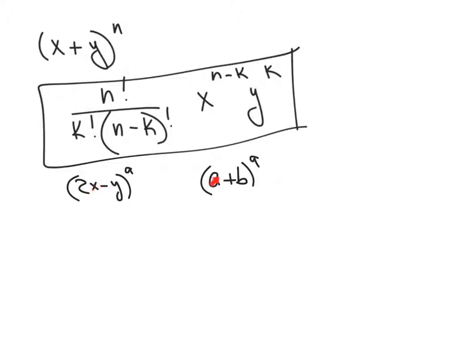That's going to make it hard. So we're going to write it as a first term and a second term, with a plus sign here, and then the exponent here, where a equals 2x and b equals negative y.